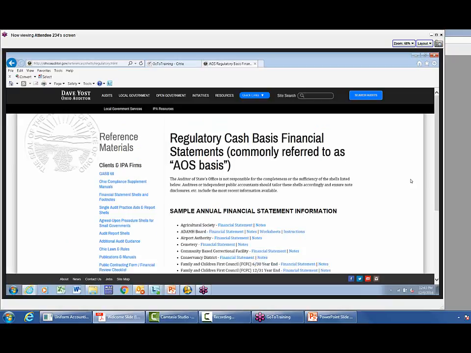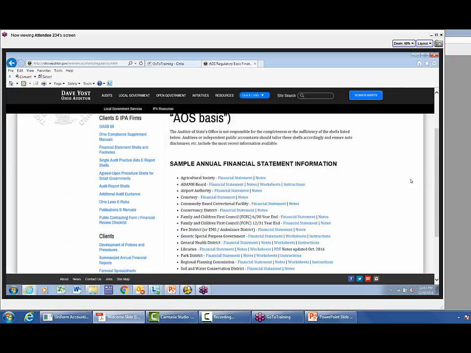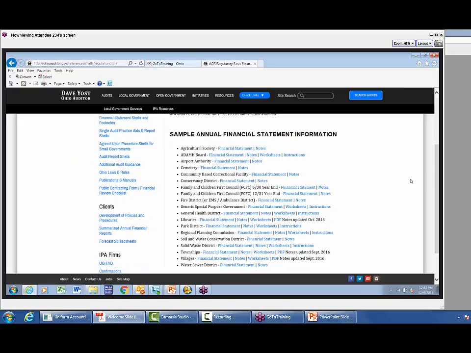it will take you to another part of our website, and it shows you all of the different available options for all the different types of entities out there. Okay? So as you can see, it starts off with an agricultural society, boards, airport authority, cemetery, and so on and so forth.